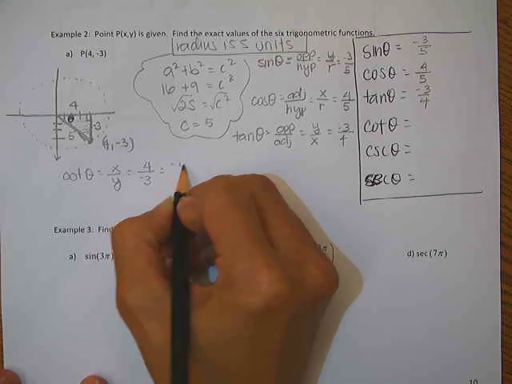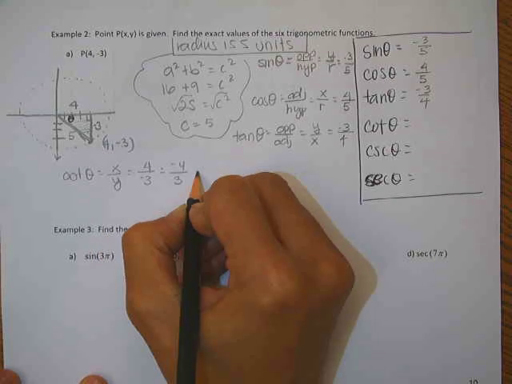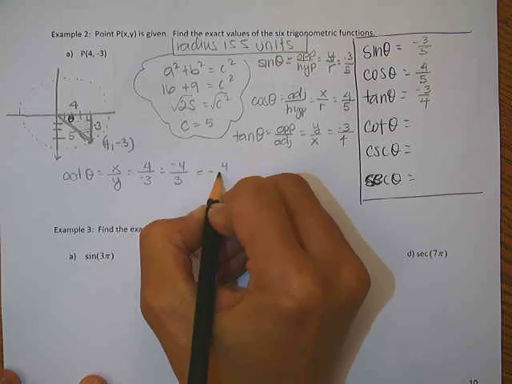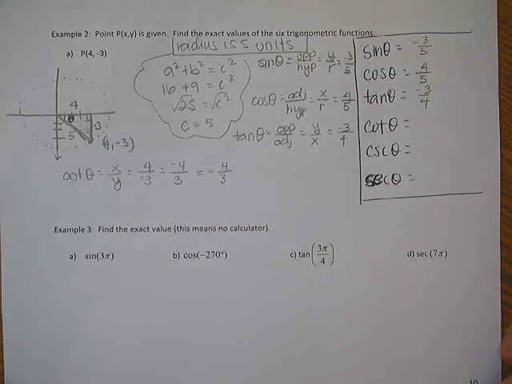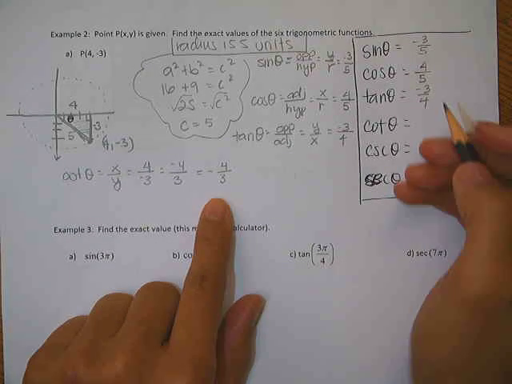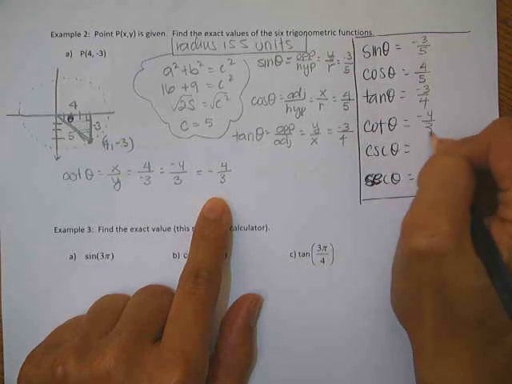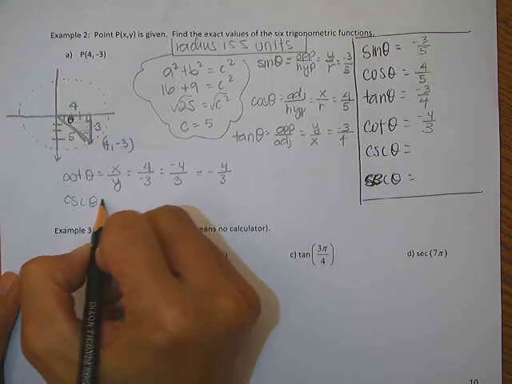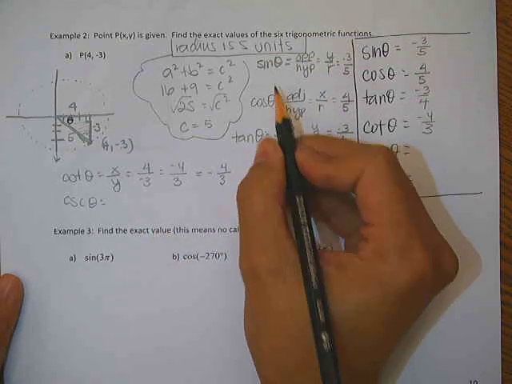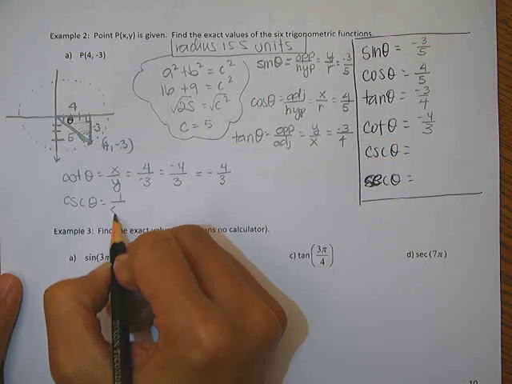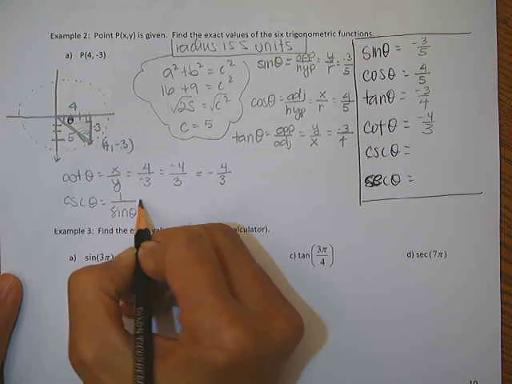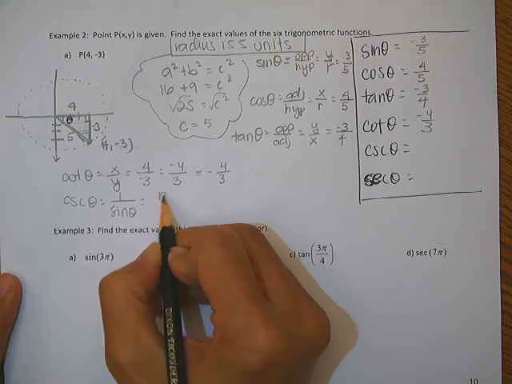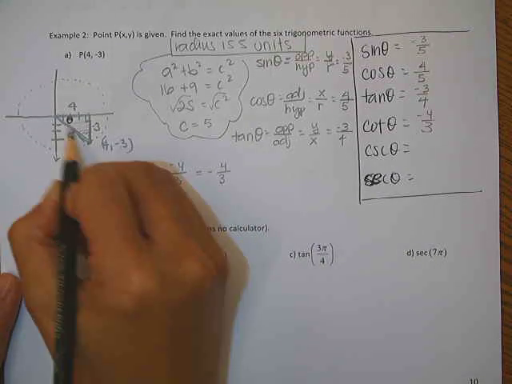They either write it on the top or on the sides, but never on the denominator because it doesn't look very good. So we can write negative 4 over 3 for cotangent. Then the next one I'm going to do is cosecant of theta, which is the reciprocal of sine. So we can write 1 over sine of theta, or we can write r over y. Your radius is 5 units.